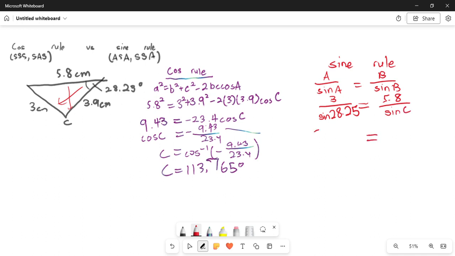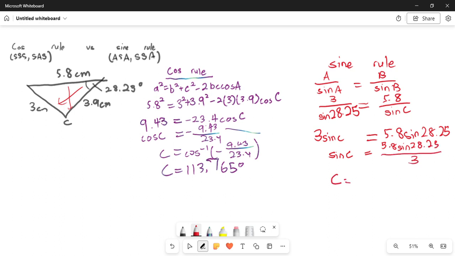So you'll realize that 3 sine C is equal to 5.8 sine 28.25. So sine C is equal to 5.8 sine 28.25 over 3.